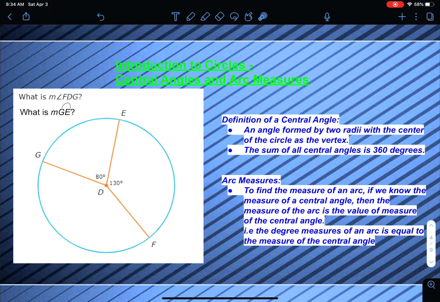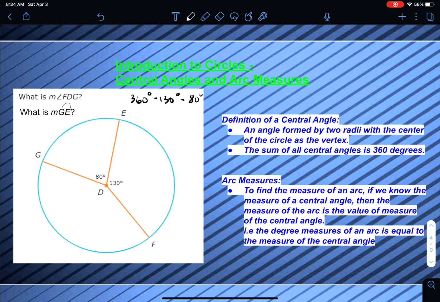Now, remember that the sum of all central angles is 360 degrees. If this is 80 and this is 130, I can just do 360 degrees minus 130 degrees, which I got from here, minus 80 degrees, which I also got from there.